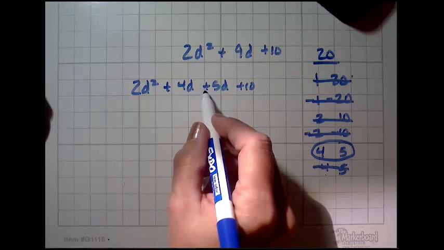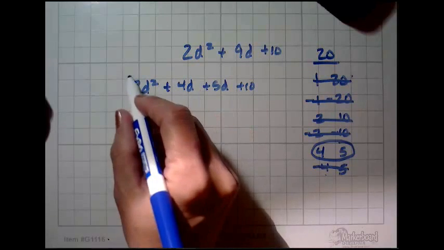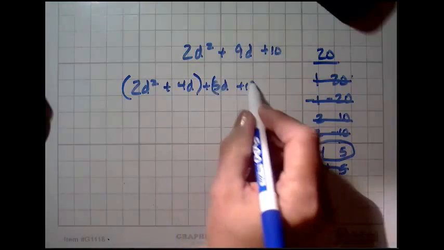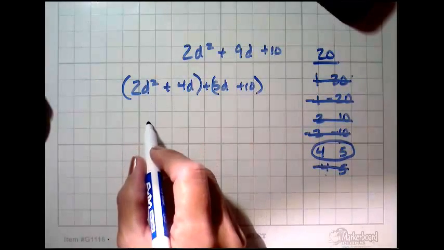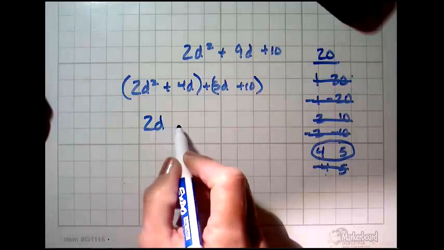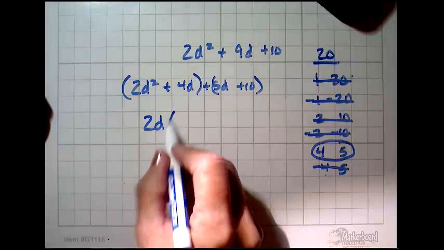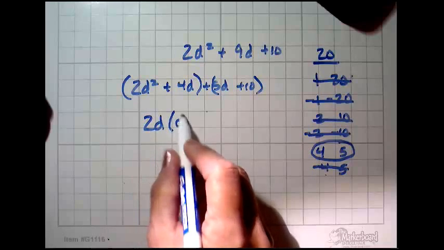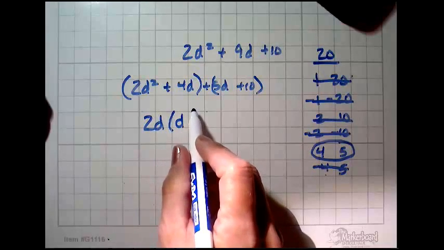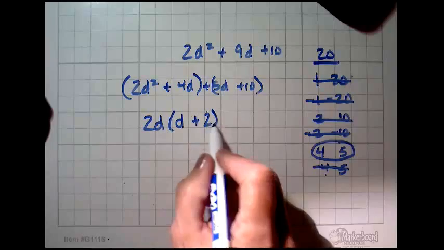So you haven't changed anything, you just made it look a little different. Now we're going to put both sets in parentheses. Find what 2d squared and 4d have in common. I think it's a 2d. 2d squared divided by 2d is d. 4d divided by 2d is 2.